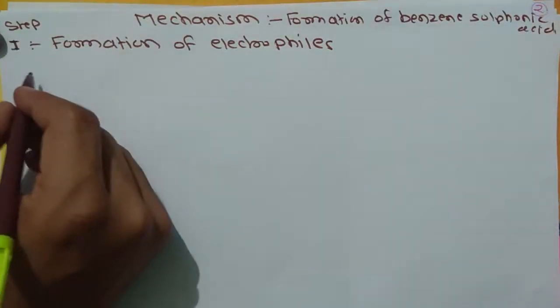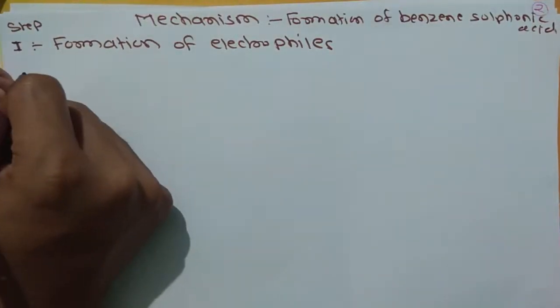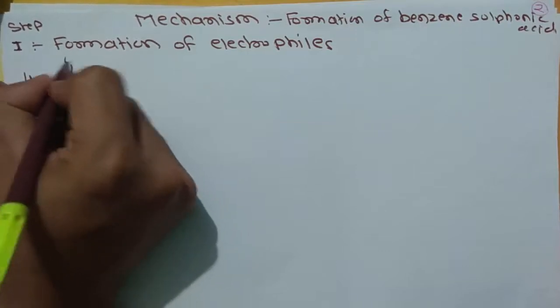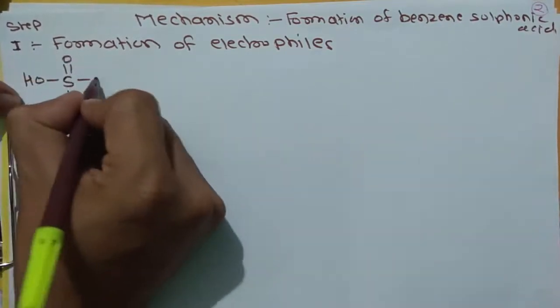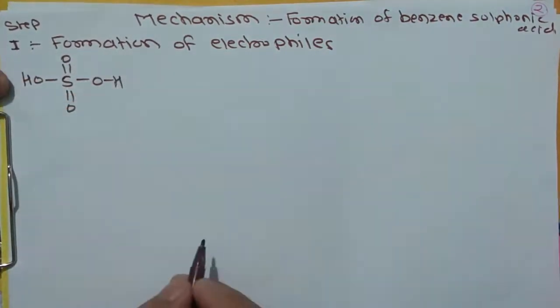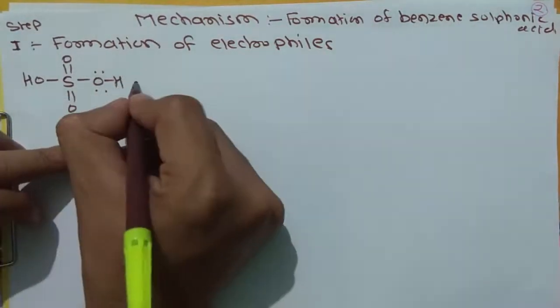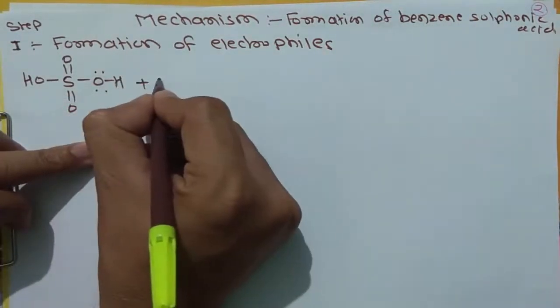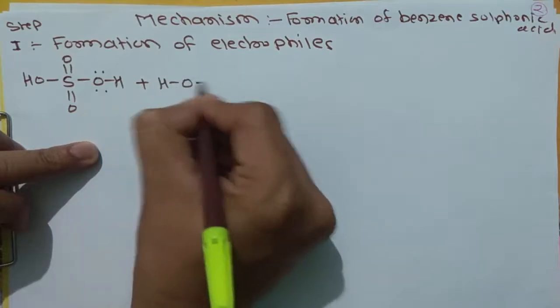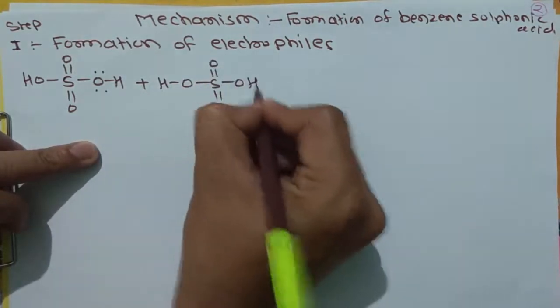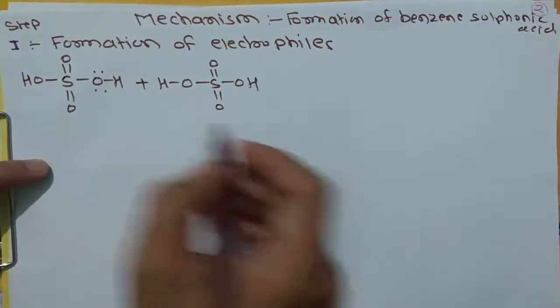Here H2SO4 can be written like this: OH, double bond O, double bond O, OH. It is the H2SO4. This is the lone pair of the H2SO4. Again, we can take a second molecule of H2SO4: OH, double bond O, double bond O, OH. Then what happens here?